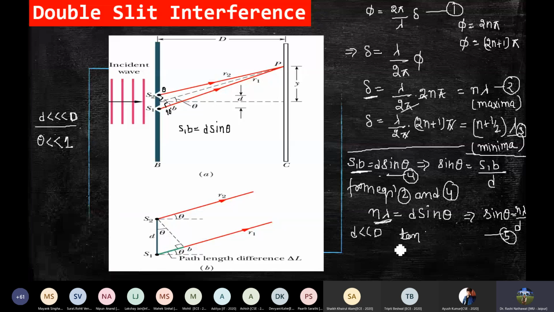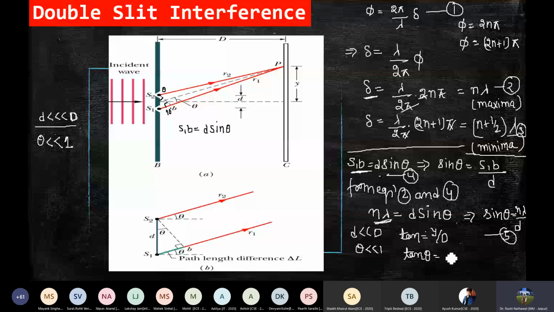Let me come with the pen. Okay, tan theta will be y by capital D. So theta is very, very less than 1. So can I equate tan theta equal to theta, sin theta? Theta, yes, obviously theta also.